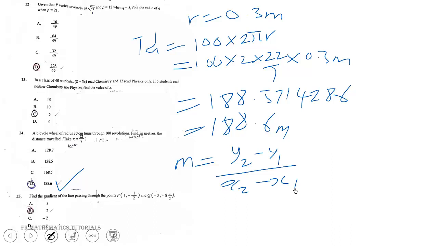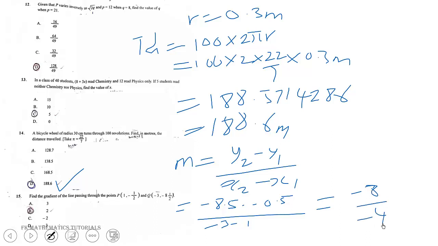So we have -8.5 minus -0.5 all over -3 minus 1. So that will give you -8 over -4, which will give you 2. The correct answer is B.